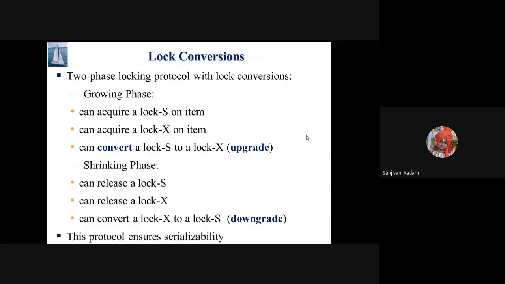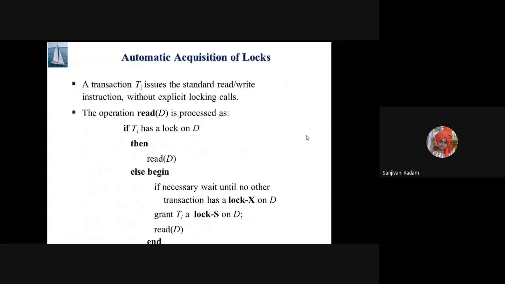Next, automatic acquisition of locks. Automatic acquisition of the lock means that even though we are not writing an exclusive lock on a data item, still we can implement a locking mechanism wherein locks are automatically acquired on a data item. So this is going to check whether existing locks are available. On the basis of that, it is decided to proceed with the operation.